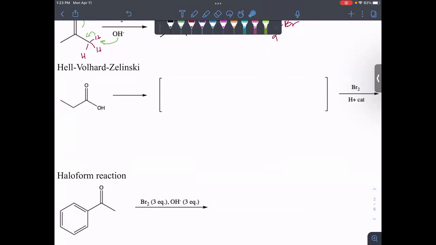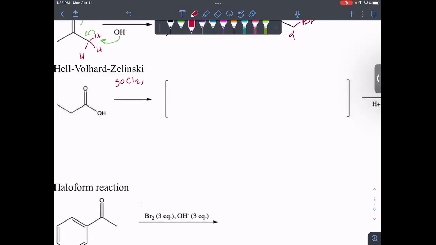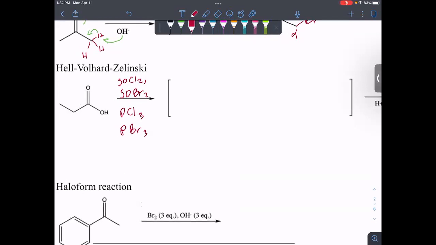Yeah, SOCl2 would work if you're chlorinating it. What's the bromine equivalent of thionyl chloride? And then you can also use PCl3 and PBr3. Any halogen protectant group, all that does is turn the OH into whatever halogen you have in the protecting group.